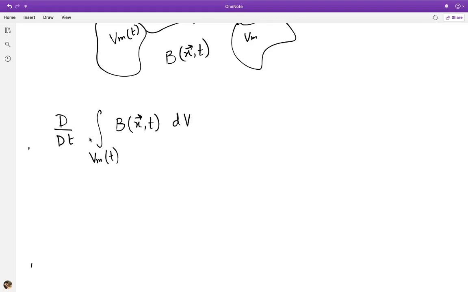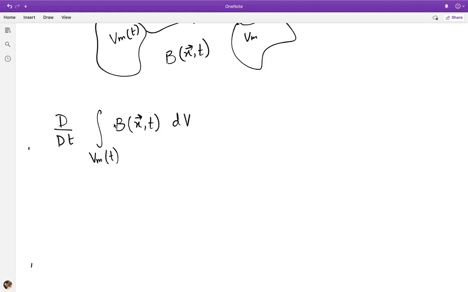So you can see what we would like to do is rewrite this by moving the derivative into the integral. If we could somehow represent this in an Eulerian frame or an Eulerian volume which doesn't change in time, then it would be trivial to bring this derivative into the integral, because the limits of integration wouldn't be time dependent. However, that's not the case here.